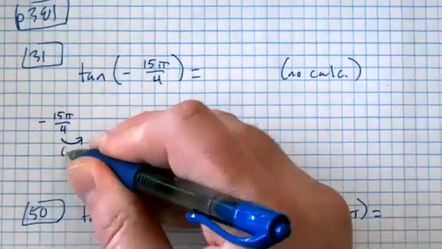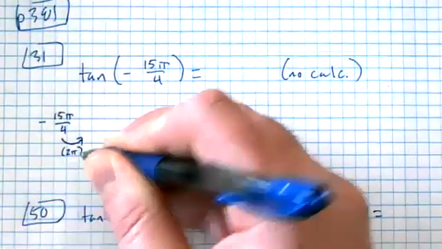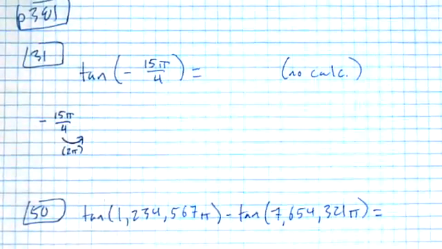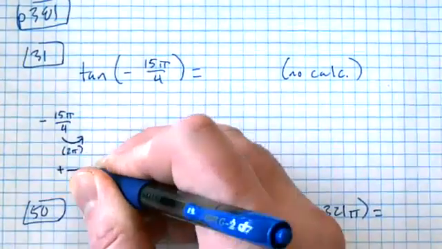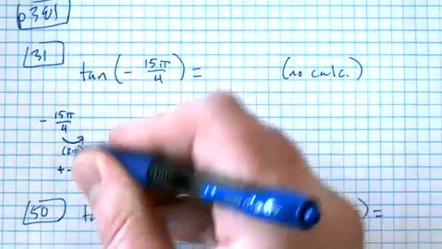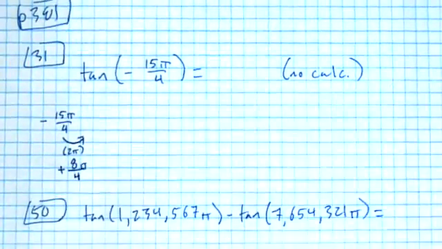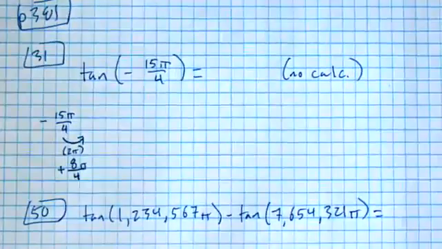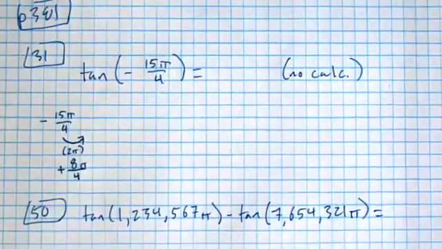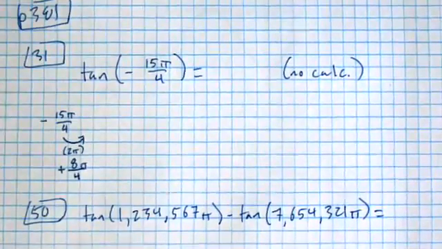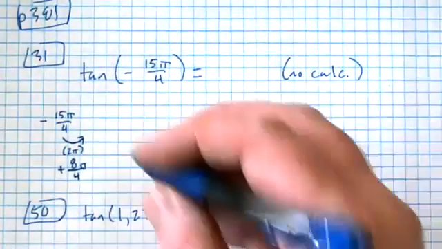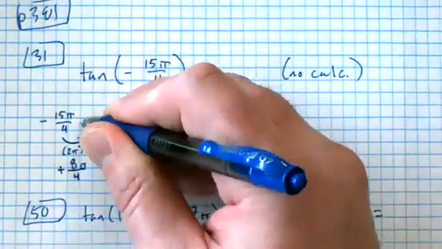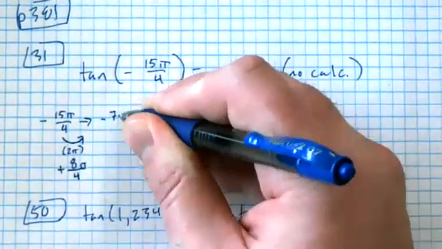But I'm going to think of 2 pi as what over 4? That would be 8 pi over 4, right? That's the same as 2 pi. So if I start adding 8 pi over 4, I'm really adding 2 pi, right? So I think negative 15 pi over 4 plus 8 pi over 4 gets me to negative 7 pi over 4.